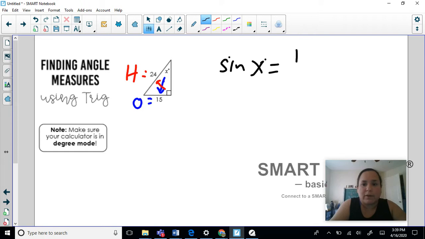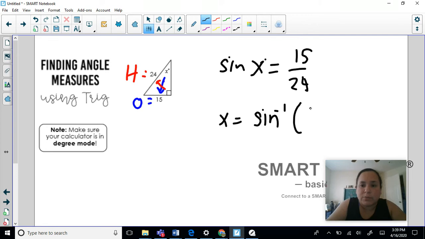In this case, that would be 15 over 24, right? Since we are looking for the angle, to isolate X, we're going to do sine inverse, and in parentheses, we're going to put 15 over 24, okay?